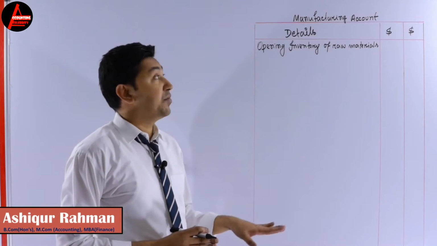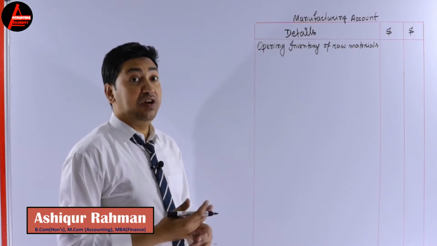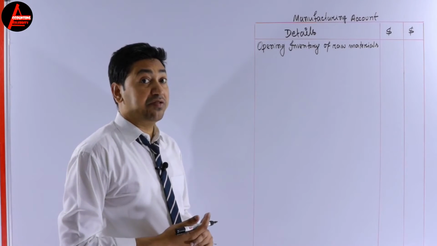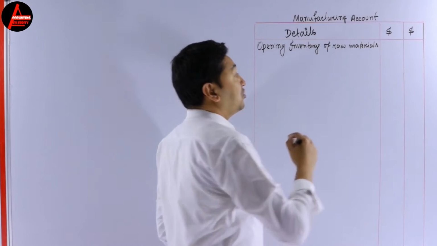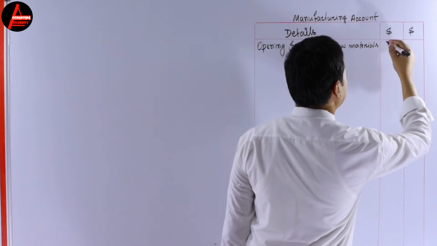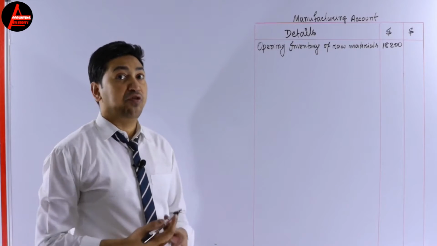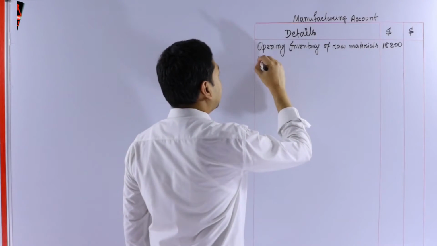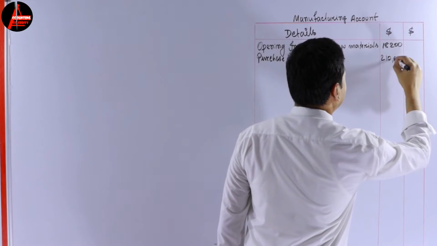So as we are preparing a manufacturing account, we will take the opening inventory of raw materials, which is $18,200. Very good. Then we have to write the purchase of raw materials. Let us write here $210,000.